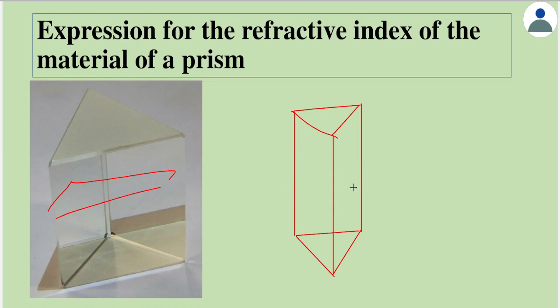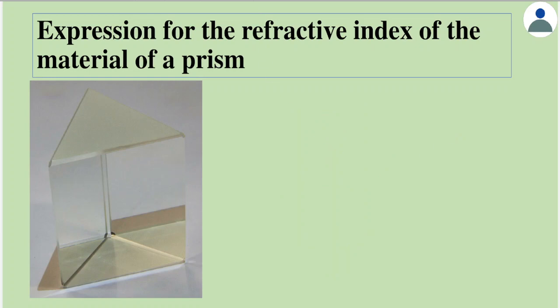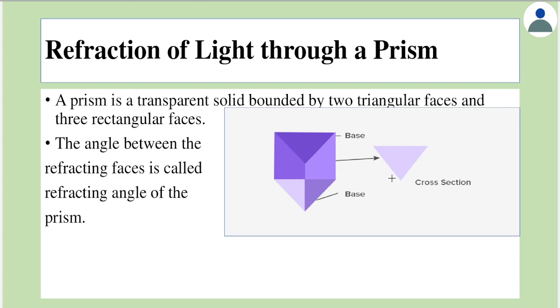Suppose we take a plane and pass the plane normal to this, then what we cut would be a triangle, and that is called its cross section. In the case of the prism, what we get is a triangular cross section as shown here.